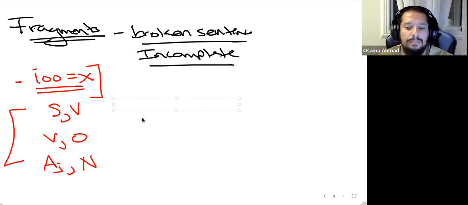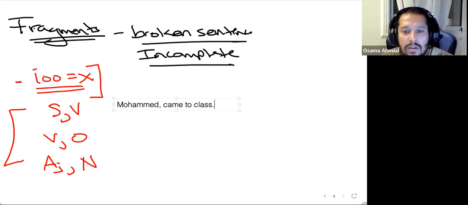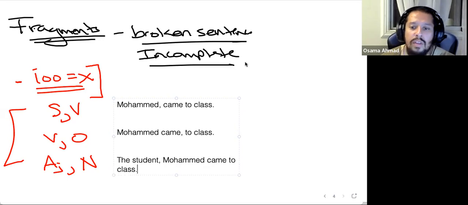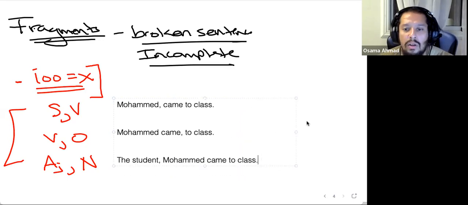For example, Muhammad, comma, came to class. Or Muhammad came, comma, to class. Or this student, comma, Muhammad came to class. These are all fragments.